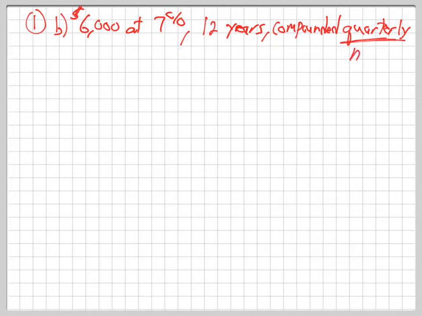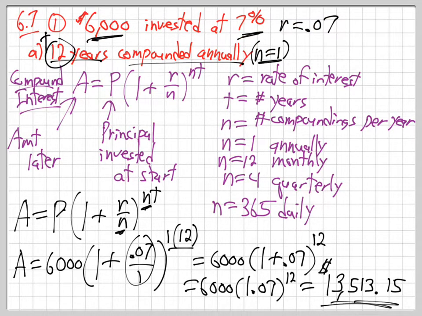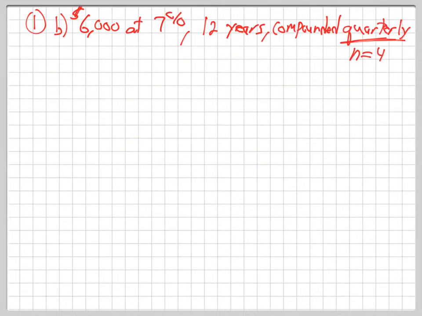Quarterly. So that means N is 4. Remember back here, N equals 4 is quarterly, because that's 4 times a year. If you compound your money quarterly, then you do it every quarter, 4 times a year.